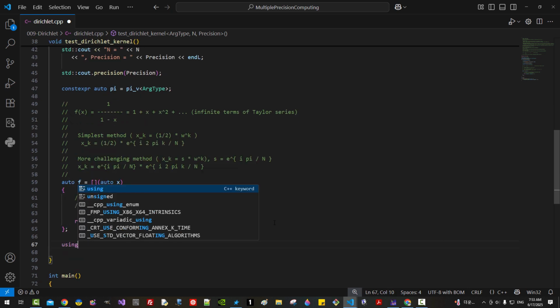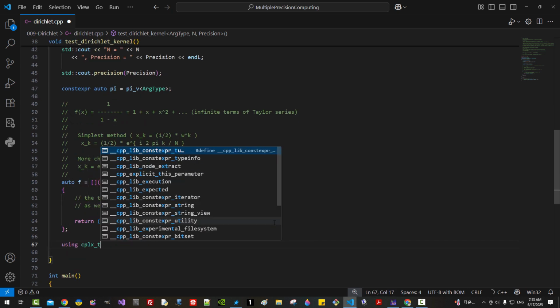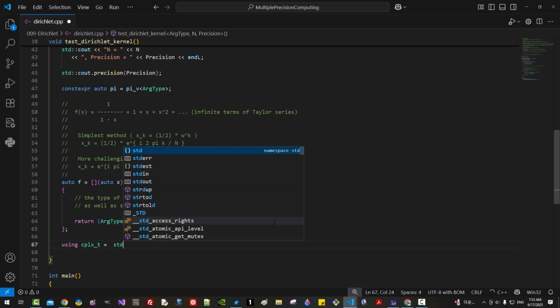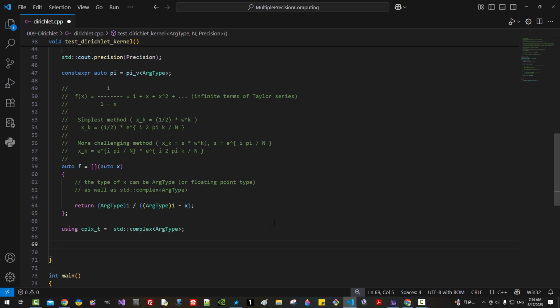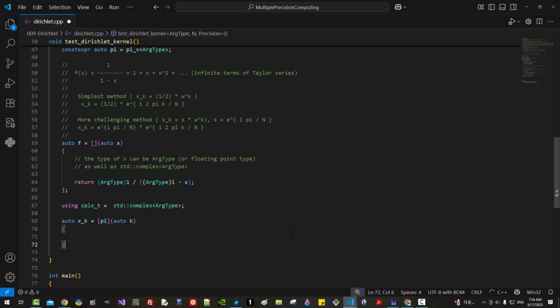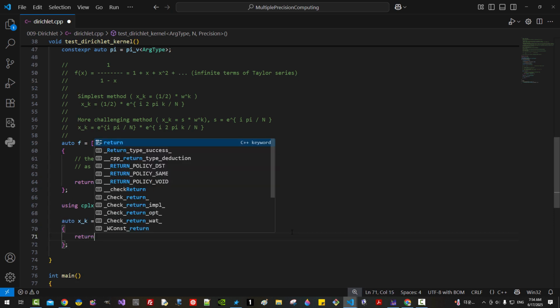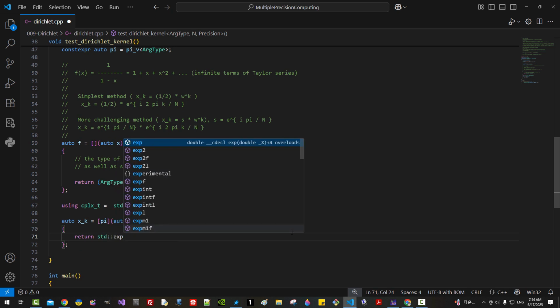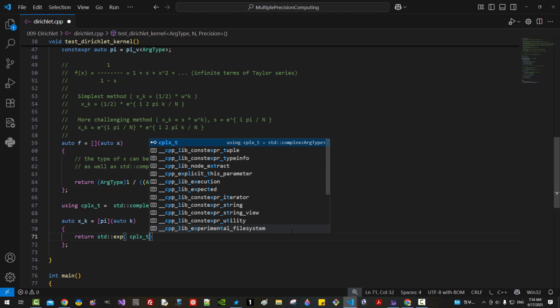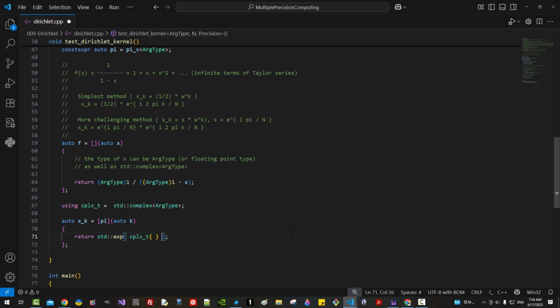Now, using CPLX T, std complex ARG type, for xk, we capture phi or k, semicolon. We return std exp CPLX T, semicolon.